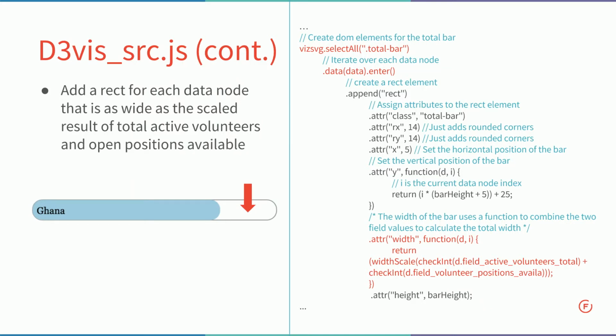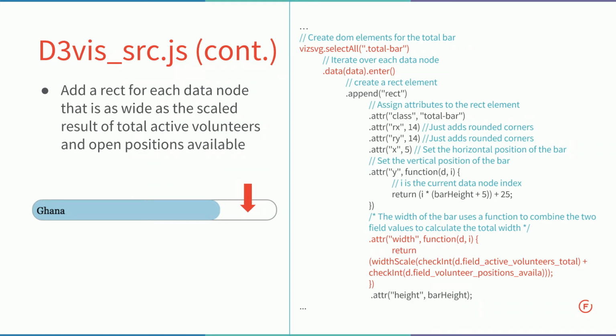I should have started with this: for all these items, we're going to be appending a total bar class to each one of them, and that helps us keep everything nice and tidy as we render things. For each one of those, we're going to iterate over each data point and add a rectangle that becomes the maximum of whatever that width is.